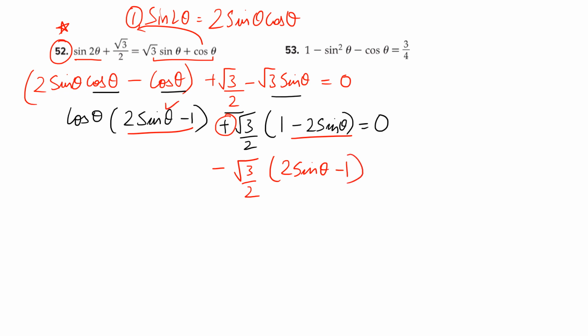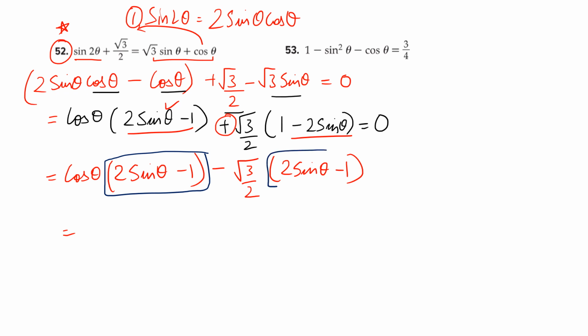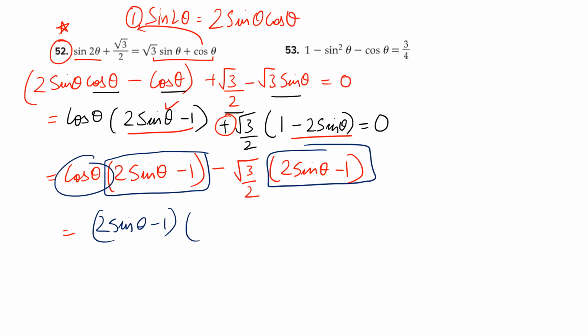My whole purpose of this modification was that in the next step, I can take this common term outside and factor the equation and get to my answer. So this I take common. Now what's left inside? Cos theta minus 3 by 2.